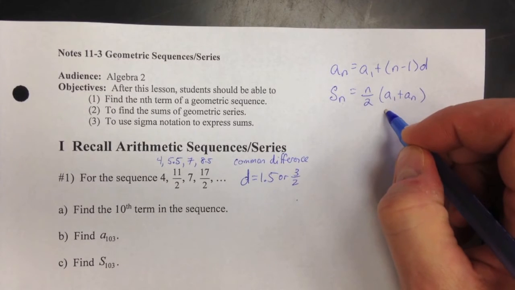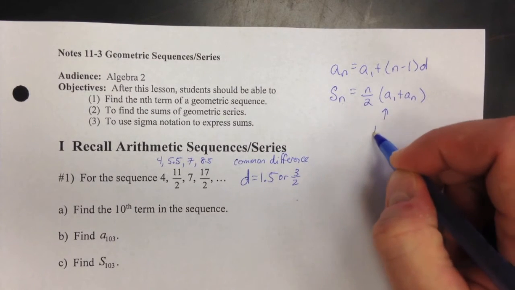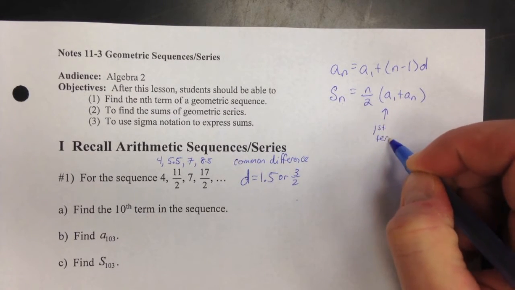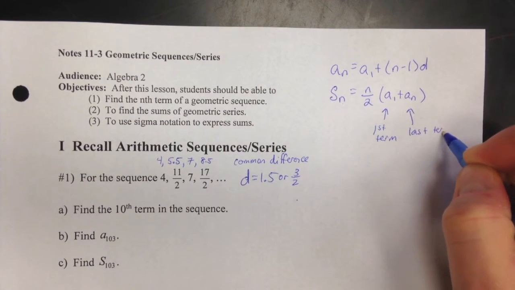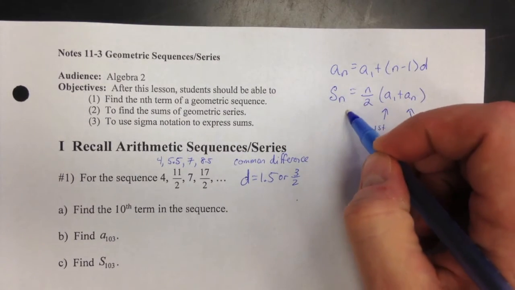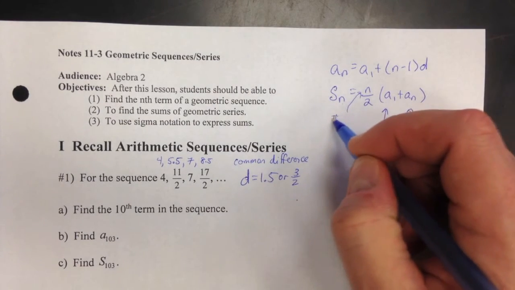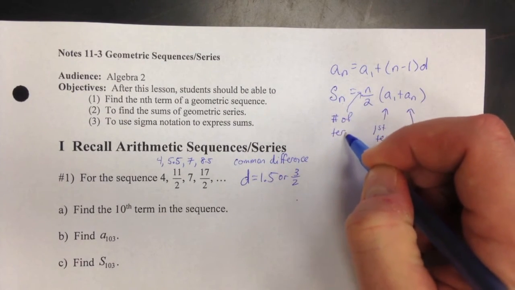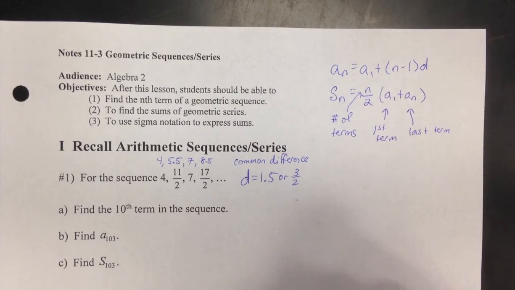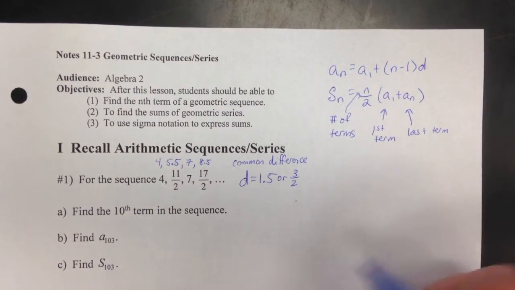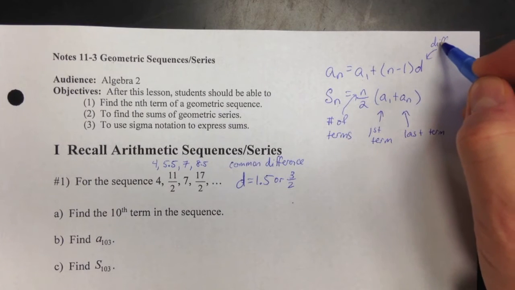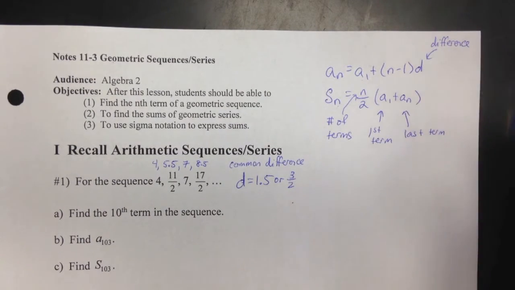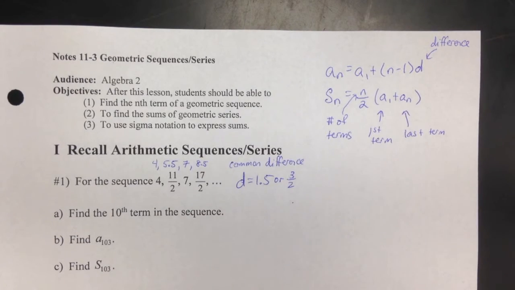Again, a sub 1 is the first term, a sub n is the last term, and n is the number of terms. And in the first formula, the other thing was d, the common difference, and it can be positive or negative.